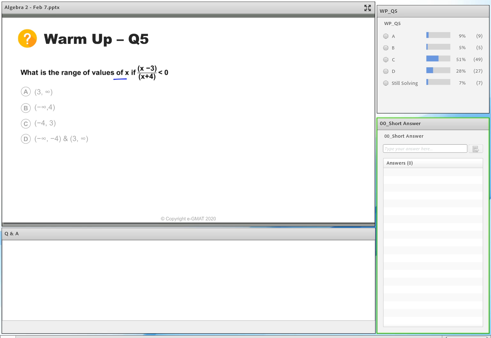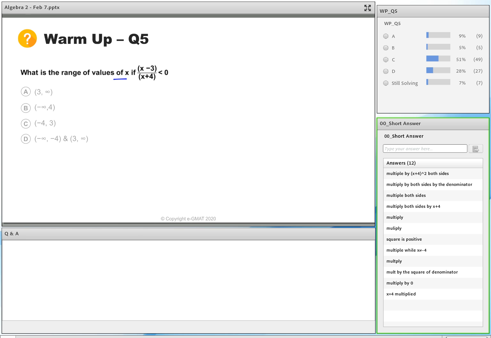Now, a very nice way to approach these kinds of questions is essentially to get rid of the denominator, right? So I'm going to open the short answer poll. Tell me, how do I get rid of the denominator over here in this question that I have? Any idea on how to do this? I need to get x plus 4 out from the denominator.